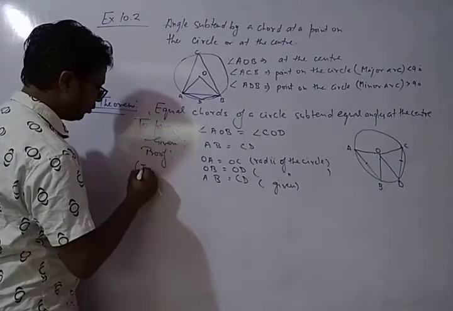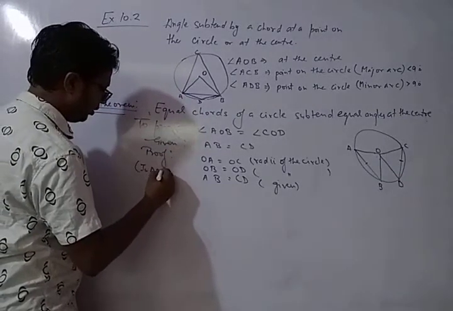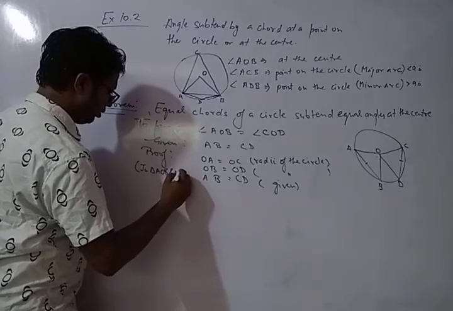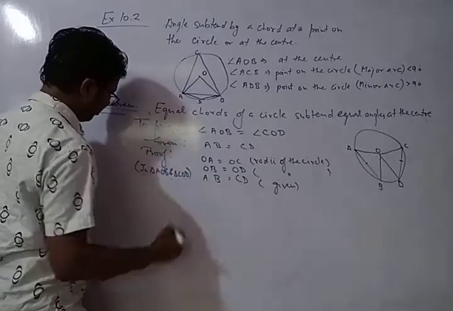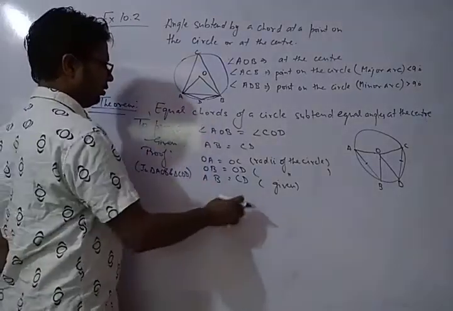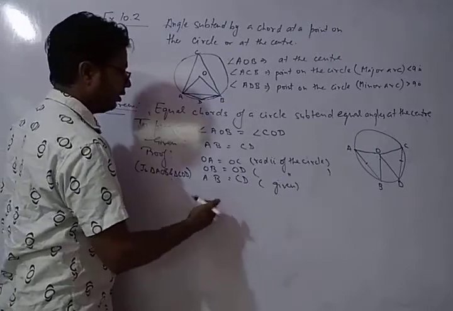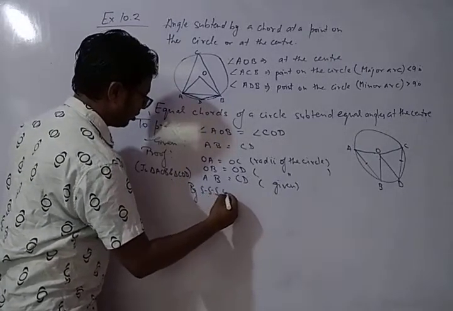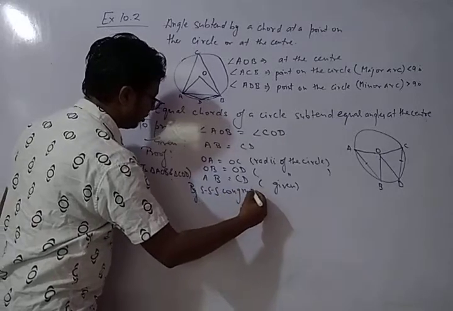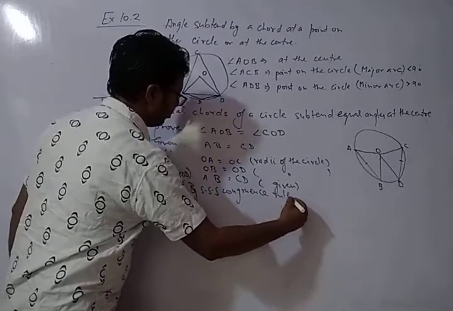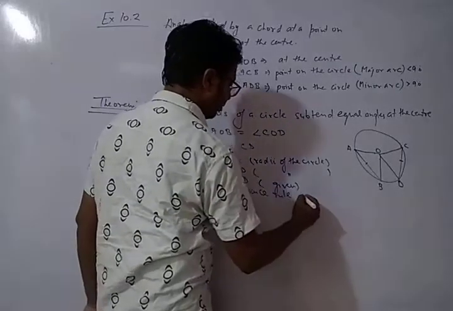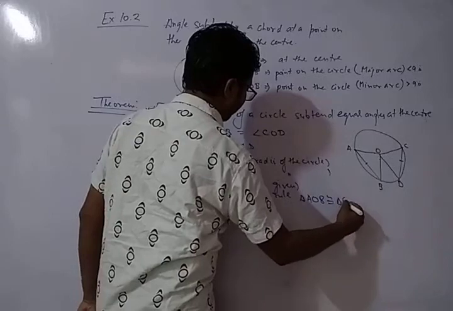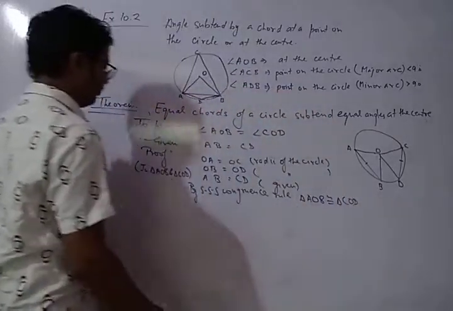Now here I am taking two triangles. In triangle AOB and triangle COD, by the congruency rule, both the triangles are congruent. Triangle AOB is congruent to triangle COD.